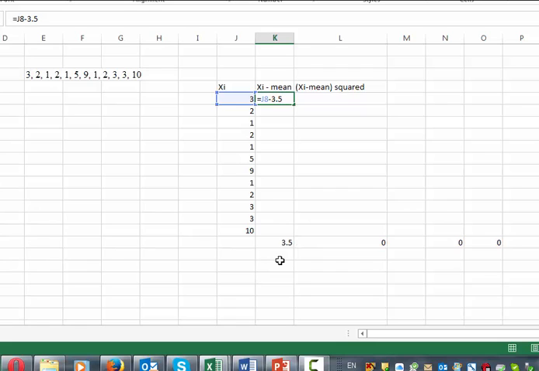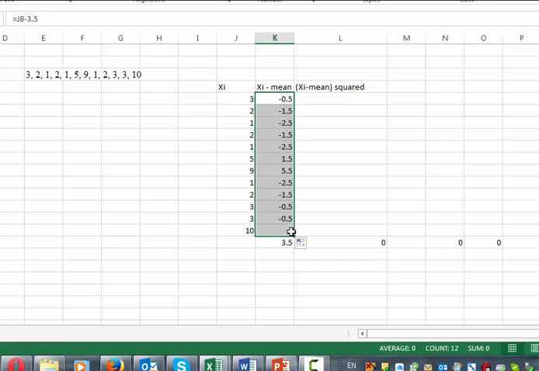So in this cell, we take this cell here minus 3.5. You hit enter, it gives you minus 0.5, because this is 3 minus 3.5. Right? And I'm going to copy this down. Then we will have calculated all the xi minus its mean.